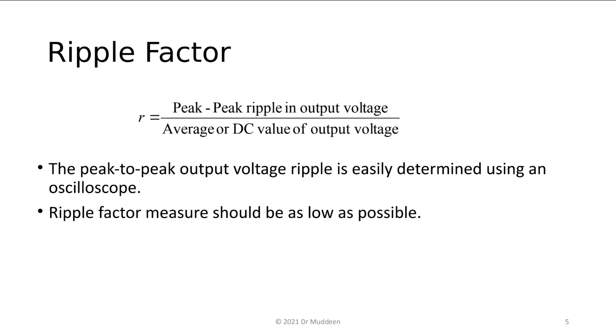And your goal as a power supply designer or manufacturer is to keep that ripple factor as low as possible, for the same reason that we said before. So suppose you have a 5-volt power supply that has a ripple of 1 volt peak to peak in the output. That means the output voltage could go up to 5.5 volts, or it could go down to 4.5 volts, right?